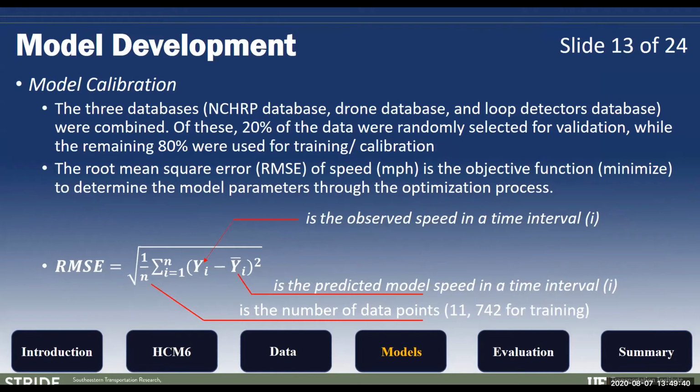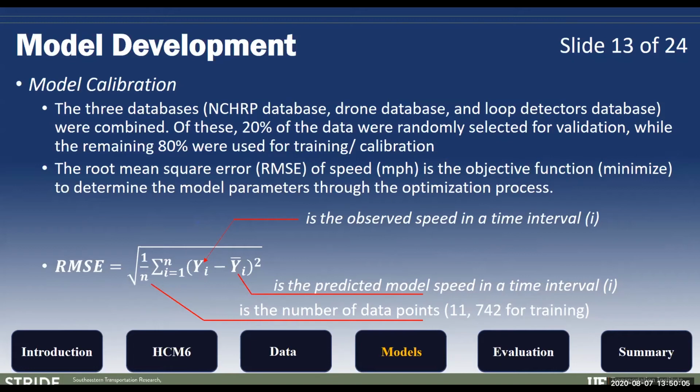How do we calibrate? We basically took 20% of the data randomly for validation purposes, and then used the other 80% for training or calibration. And our objective was to minimize the root mean square error. The reason here is that this is not a linear model, so we look directly at the root mean square error as our objective function.